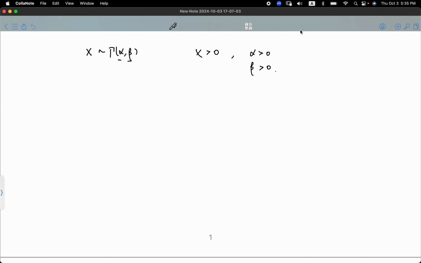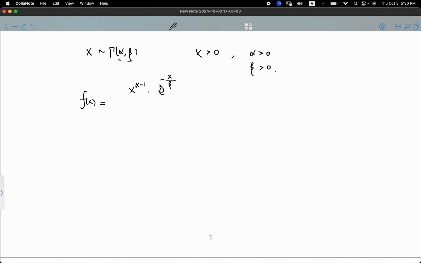Okay, after we specify these details, we can proceed to the probability density function for this random variable. This is a continuous random variable, so we use f of x to denote its probability density function. It has the following expression: the random variable x raised to the power of alpha minus 1, multiplied by e raised to the power of negative x over beta.